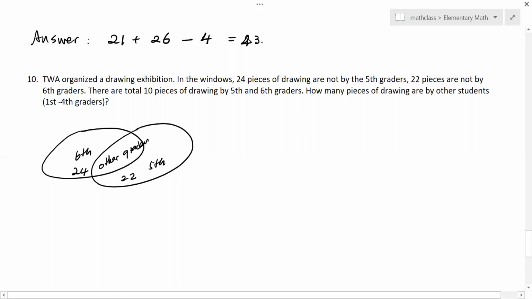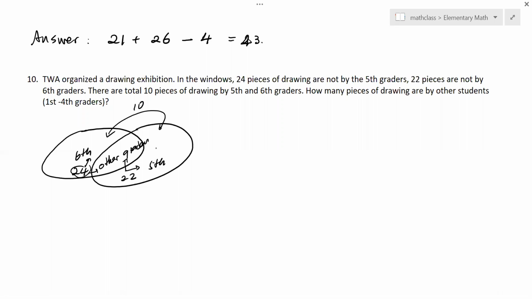There are a total of 10 pieces of drawing by fifth and sixth graders; these two together are 10. 22 means both, and 24 also means both, the common area. The other graders means first grade to the fourth grade.